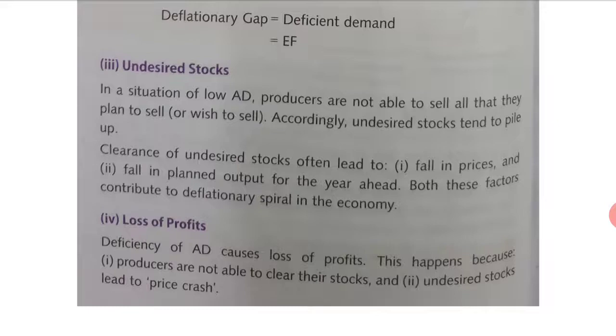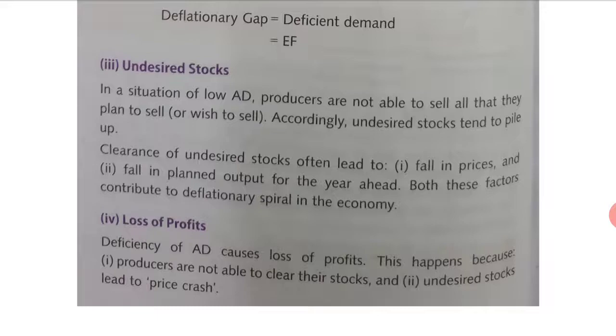Clearance of undesired stock often leads to a fall in price. So they have to reduce the price, only then they can clear the stock, otherwise no one will purchase. So even the minimum profit the producer will not be able to earn. And there is a fall in planned output for the year ahead, so the output also will reduce.